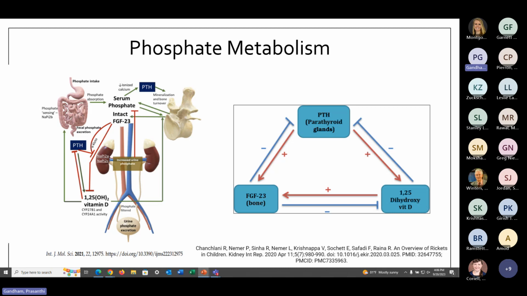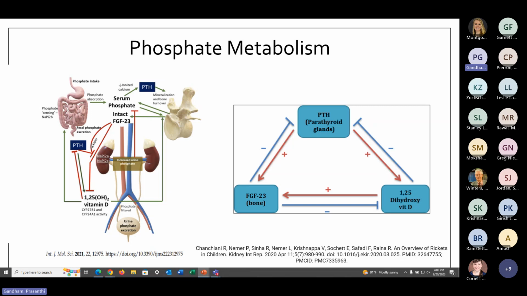PHEX is a gene that encodes an endopeptidase, which is expressed pretty profusely on the surface of bone and teeth. The bony expression is localized to osteoblasts, osteocytes, and odontoblasts, and so loss of function mutations in PHEX typically result in X-linked dominant hypophosphatemic rickets, which we'll talk about in a little bit more detail. But this causes defective mineralization of both bone and the teeth.